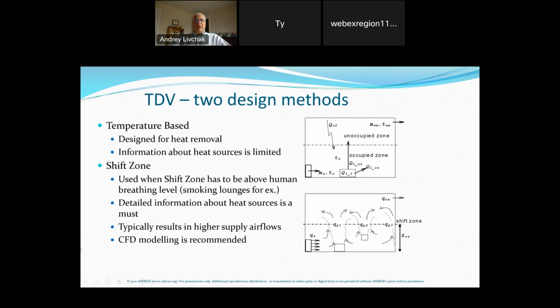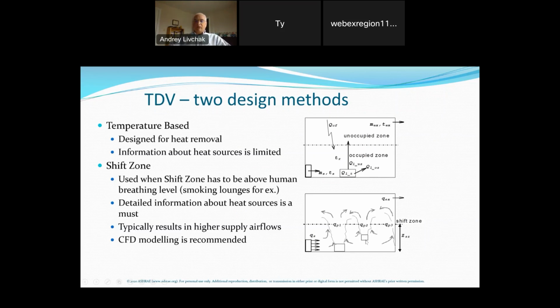The temperature-based method is designed for heat removal, and it requires a lot of information about the heat sources in the space. We need to know the location of the heat source, and also what portion of the heat is released by the heat source by convection and by radiation. Based on this location and these parameters, we can calculate the exhaust temperature. Exhaust temperature is always higher than temperature in the occupied zone.